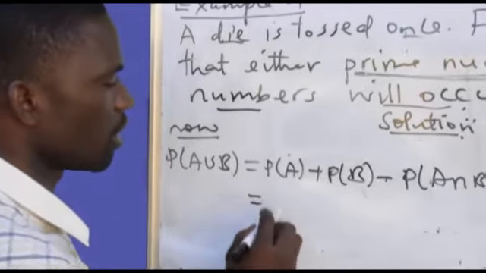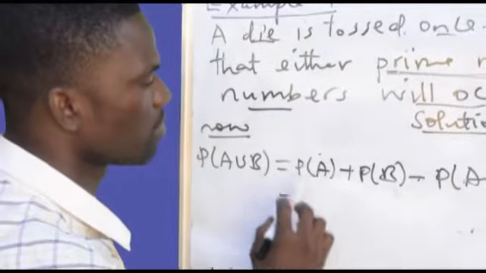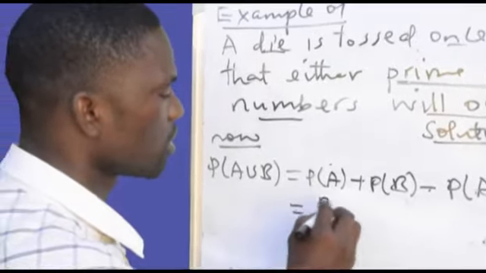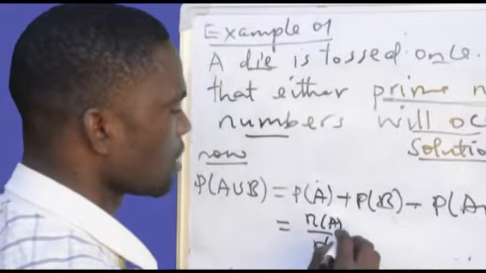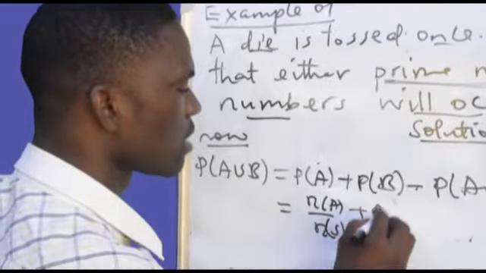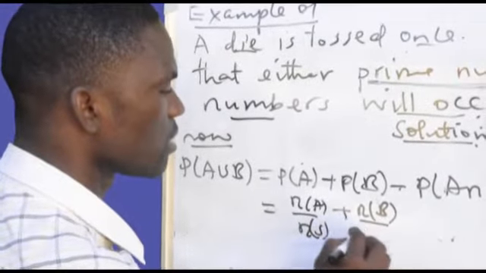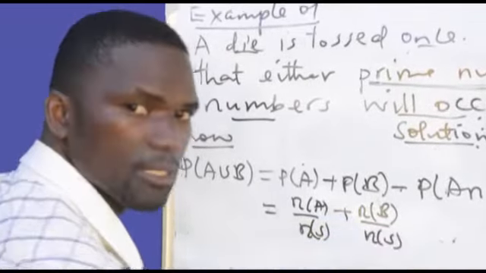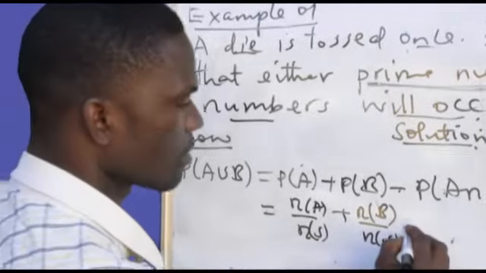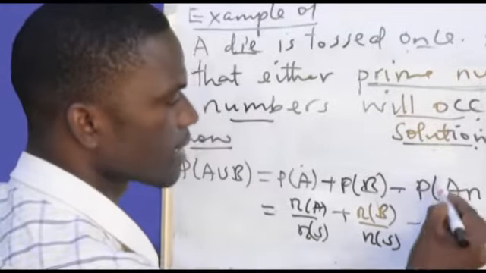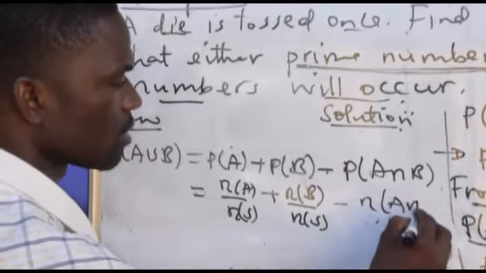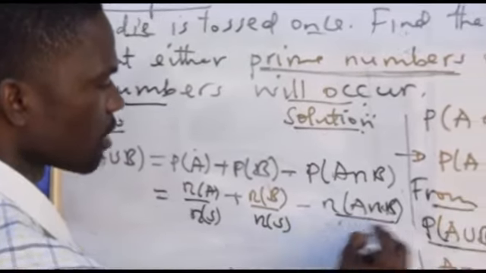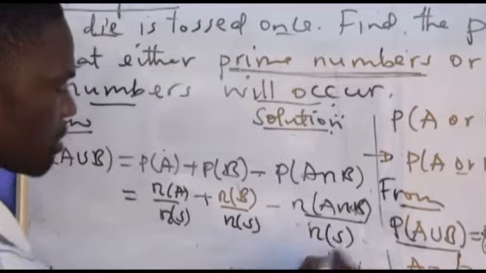So here now you can break this down: probability of A should be the number of A divided by the number of sample space. Probability of B again should be the number of B divided by the number of sample space, and this again should be the number of A intersection B divided by the number of sample space.